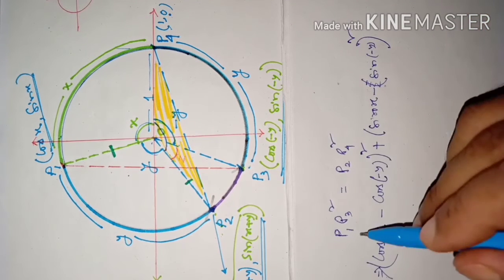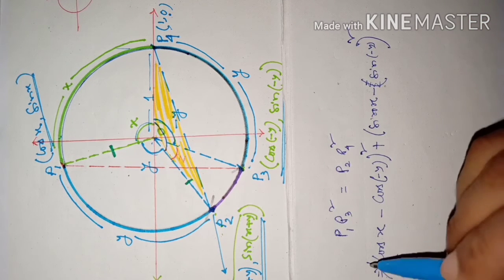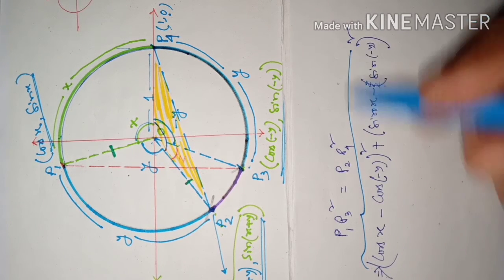That is P1P3 whole square. Okay, this whole expression is for P1P3 whole square.